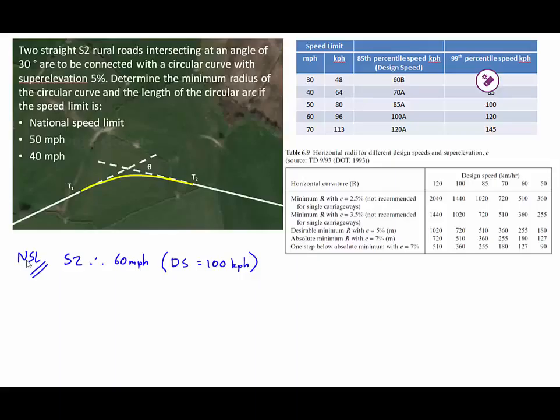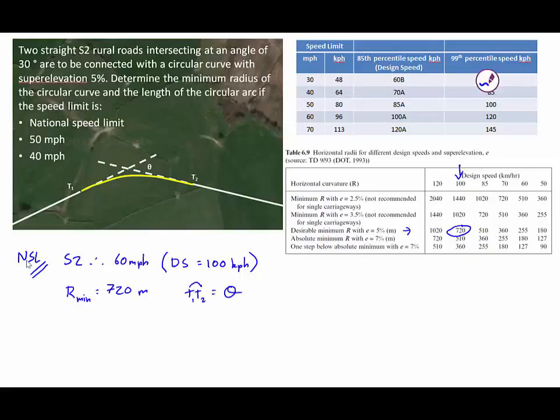If we know the design speed of 100 kilometers per hour and we know the super elevation, which is 5%, we can work out what our minimum radius is. 720 meters. And once you've got that, we can calculate the arc length between T1 and T2.